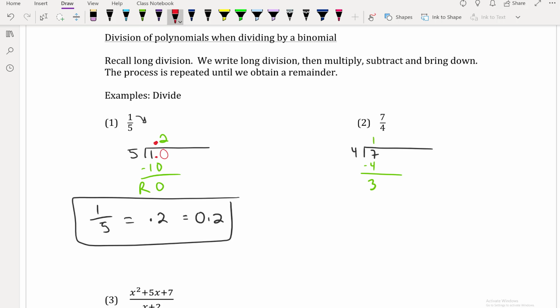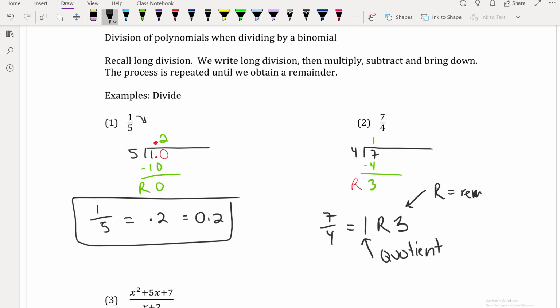So what I end up having is a remainder. So I would say 7 divided by 4 is equal to 1, remainder 3. Okay? So it's 1 remainder 3. So 1 we would think about as the quotient, and R is representing the remainder.